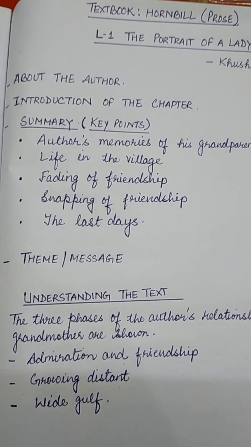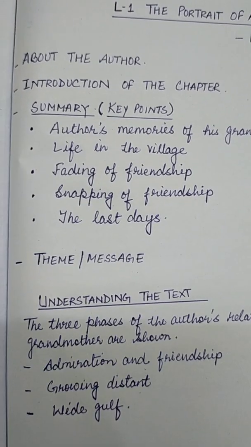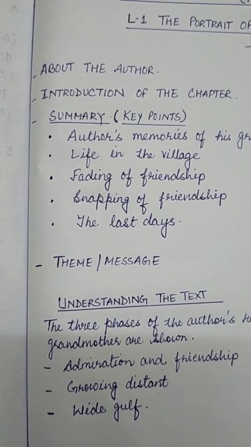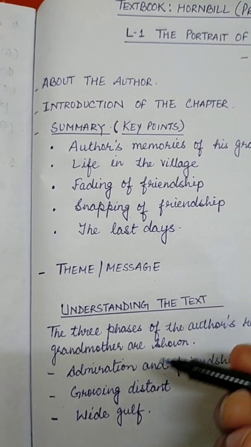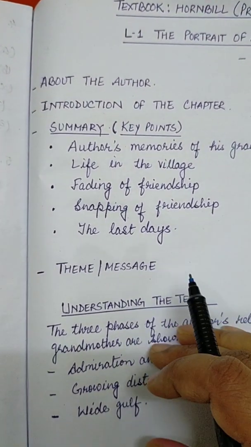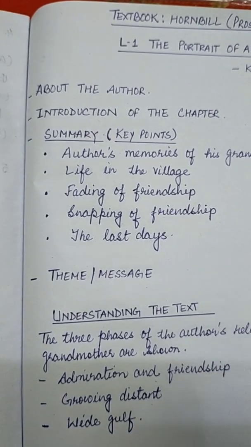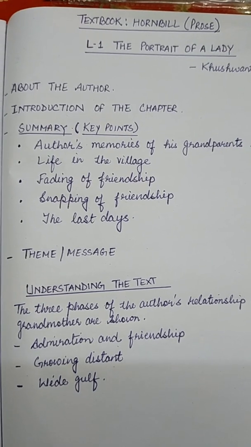So this had further widened the gulf or distance between them. The interaction between him and the grandmother became minimal, and the grandmother rarely talked to him, and she was satisfied with her praying and feeding the sparrows. So these were the 3 phases in their relationship.